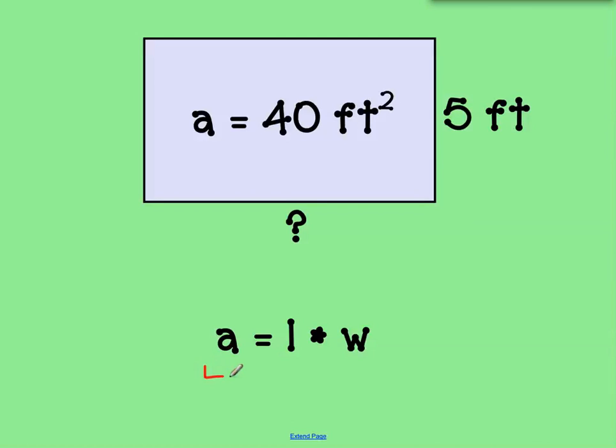So I know that area is 40. And I don't know length, so I'm going to leave my variable as L. And I know width. Width is 5 feet. So what I have now is 40 equals some number times 5. And again, because you know your multiplication facts, you know that length is 8 feet.